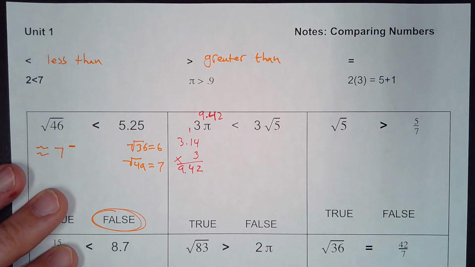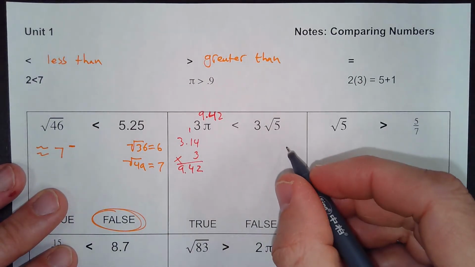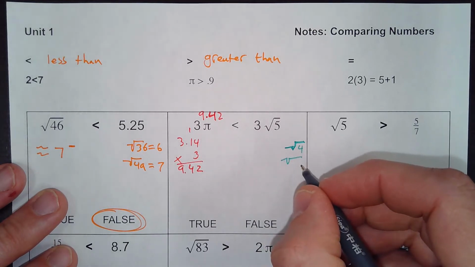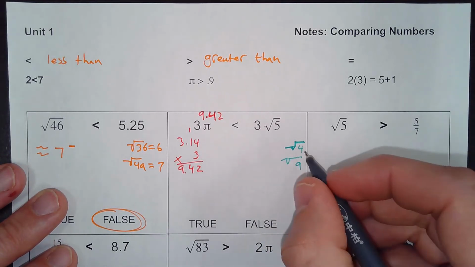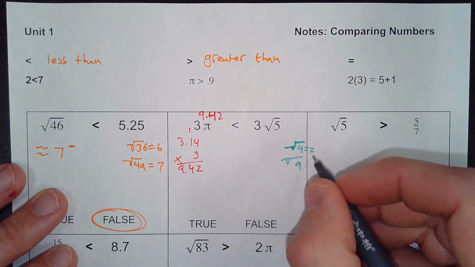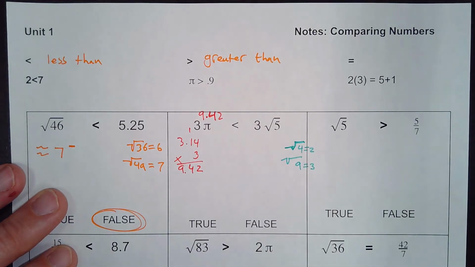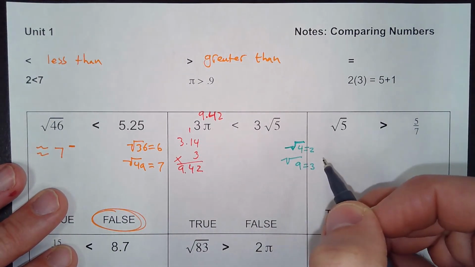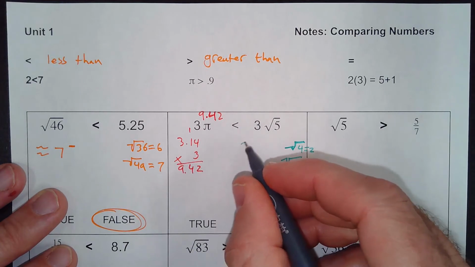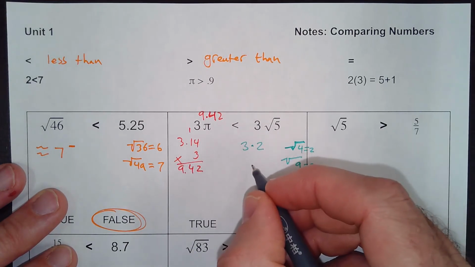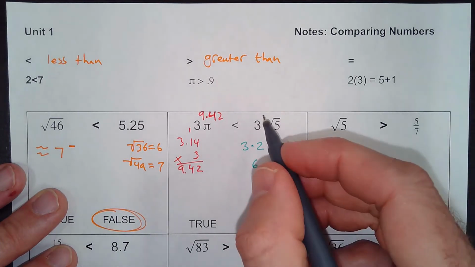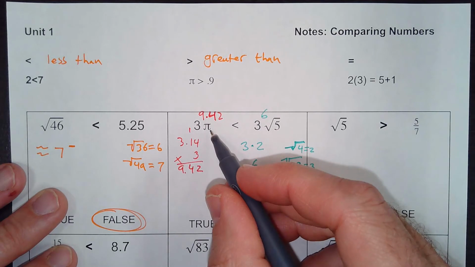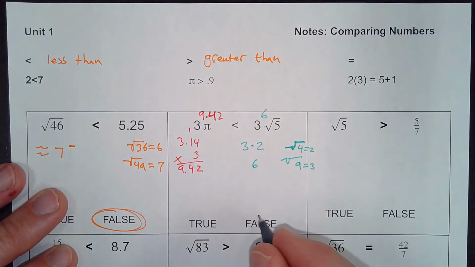If we're going to estimate that, our important square roots are 4 and 9. So this is 2 and 3. So square root of 5 is closest to 2. Let's just call it 2. So 3 times 2 is equal to 6. So now we're comparing 9.42 to 6. Is 9 less than 6? No, this one's also false.